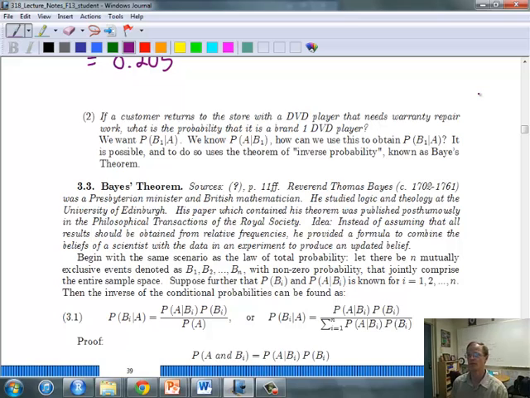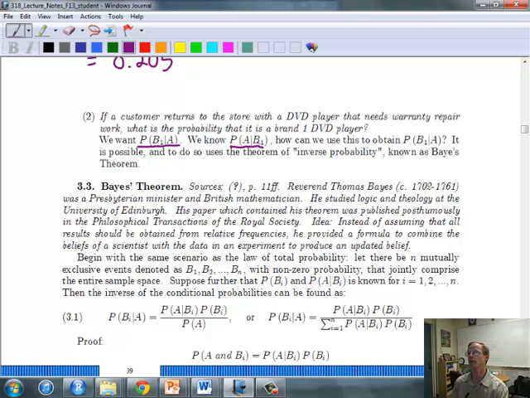Now let's be careful. We write that probability of B1 given A. Okay. What we had before was probability of A given B1. That is, probability of needing warranty repair given that it was a brand 1. Those we had.